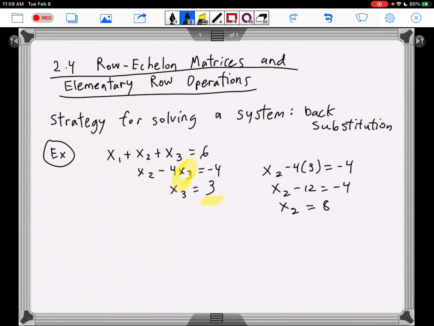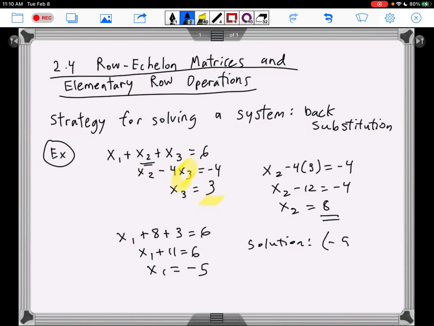So we just substituted it back in, and now we can take this guy and substitute it in for x2, and of course we can still substitute x3 in, and so we get x1 plus 8 plus 3 is equal to 6, or x1 plus 11 is equal to 6, which means that x1 is equal to negative 5. And so our solution to the system is negative 5, 8, 3.